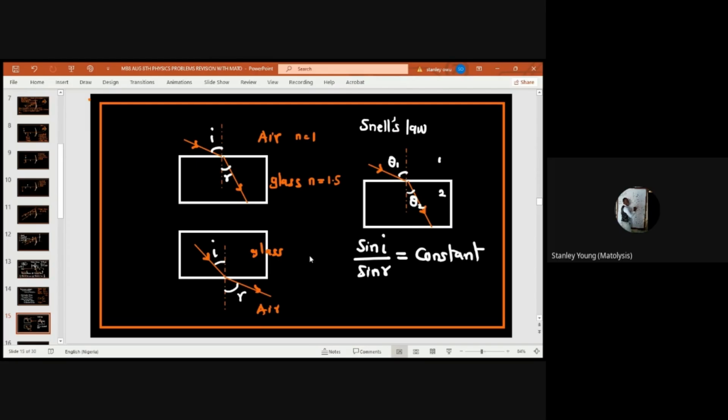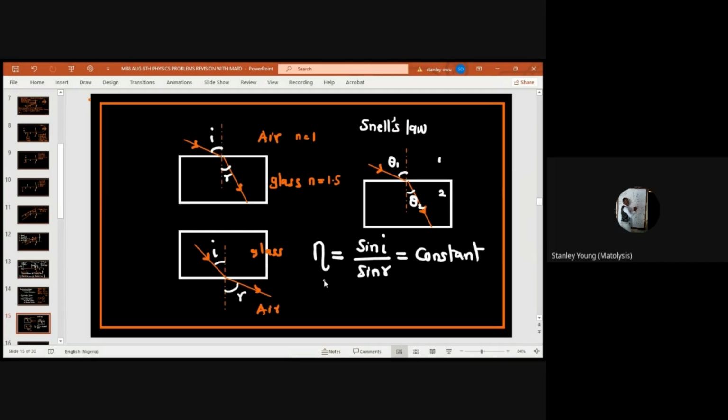Generally that constant is usually denoted, in some cases they use the symbol eta, in some other cases they use the symbol mu. Whichever symbol they use, you're less concerned.